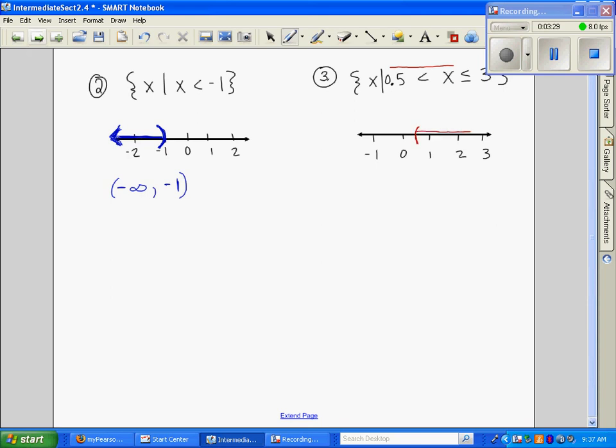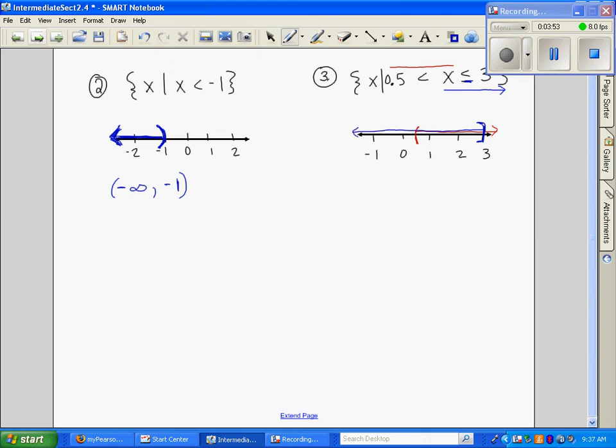That would be everything in this direction. Next, I'm going to read x is less than or equal to 3. So I go to 3, and now 3 gets a bracket because of that equal sign. And I want to represent everything less than or equal to 3. So that is everything in this direction.